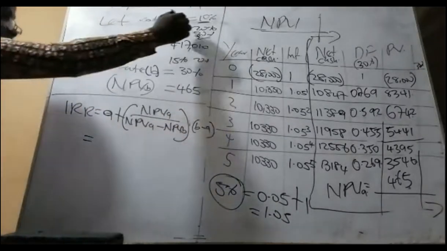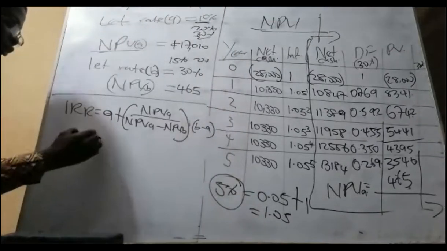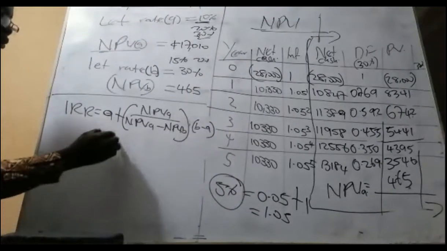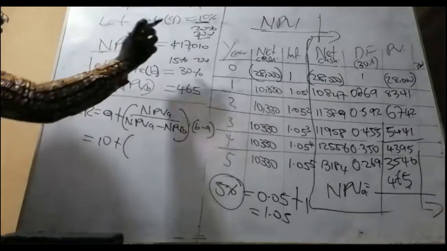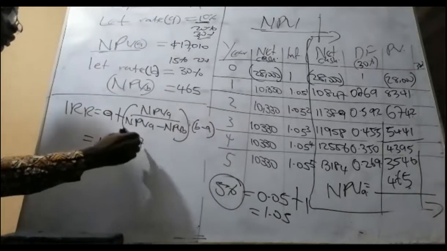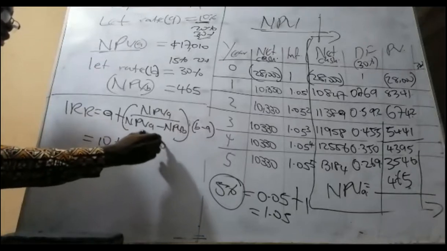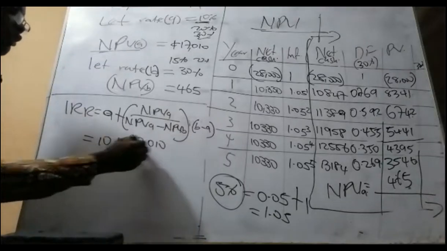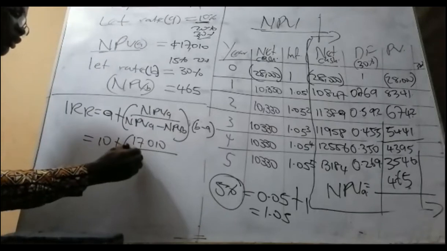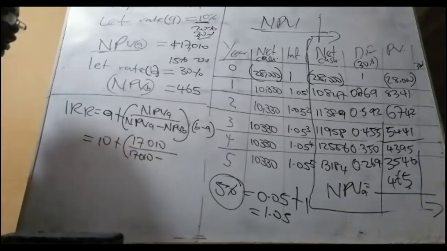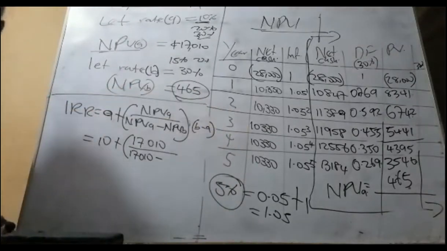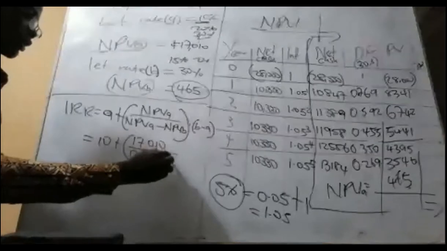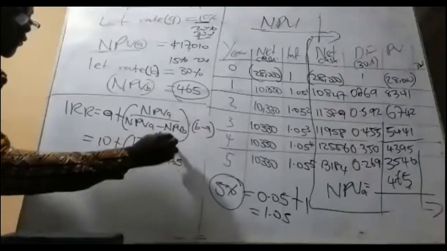Rate A, we get 10% here, so I'll make it 10 plus open a bracket, NPVA. NPVA is 17,010, all divided by 17,010 minus NPVB. Even though B is supposed to be negative, it's still positive. Maintain it like that. So 465.